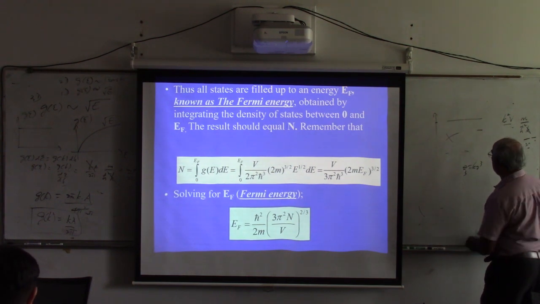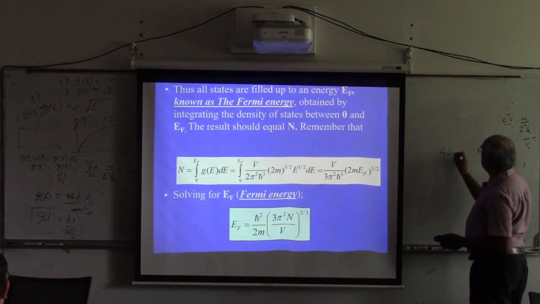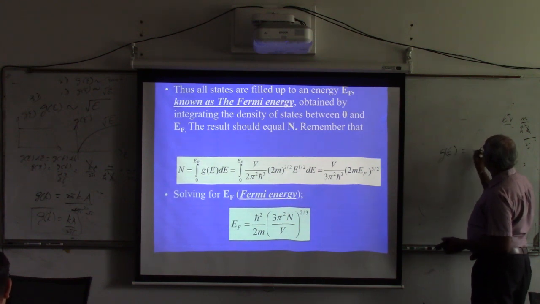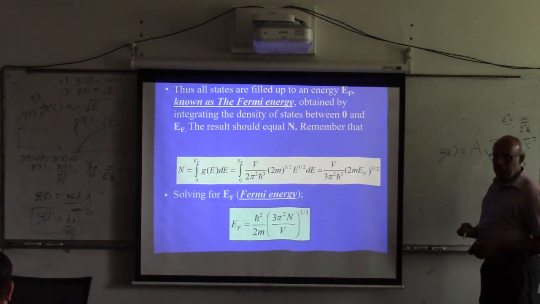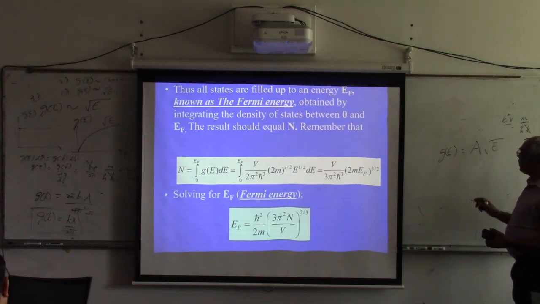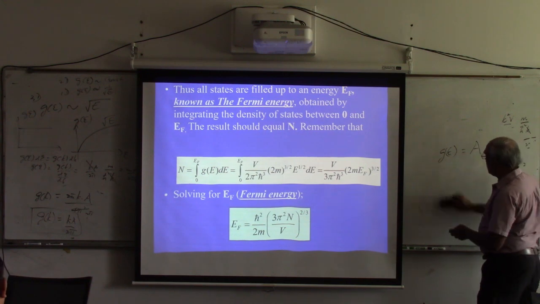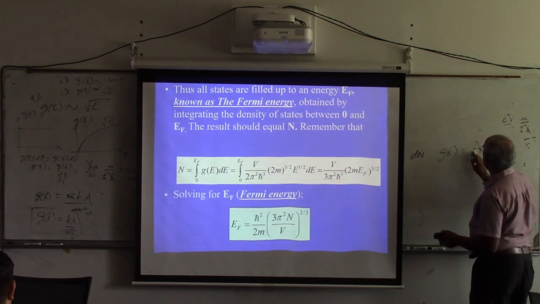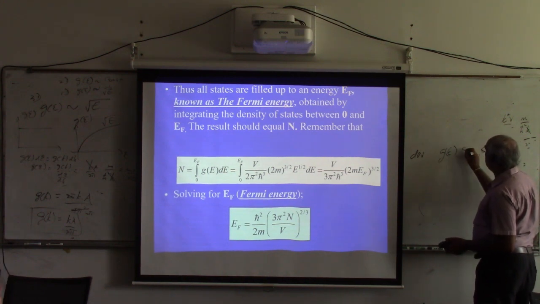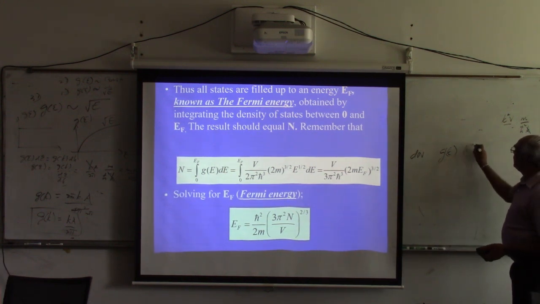So I know that the density of states has some constant times square root of E, right? What is the definition of density of states? dN is G(E) times dE, right?